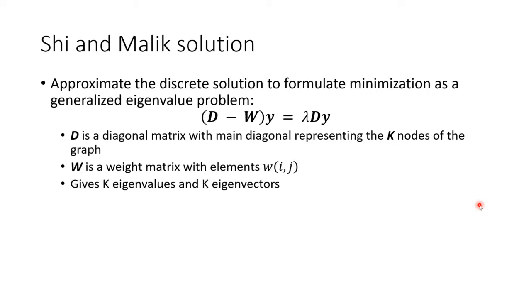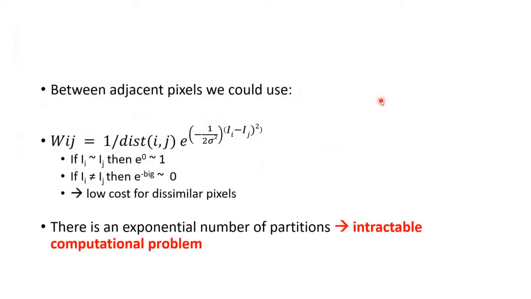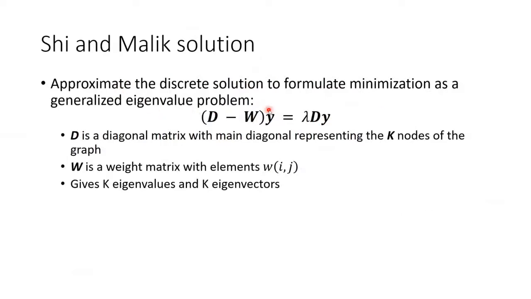So the Shi-Malik solution. Basically, what they did was to approximate the discrete solution for this minimization procedure in terms of a generalized eigenvalue problem. Where D is the diagonal matrix with the main diagonal representing the k nodes of a graph, so D is representing the graph. W is the weight matrix, representing the weights of the edges connecting the nodes of this graph.